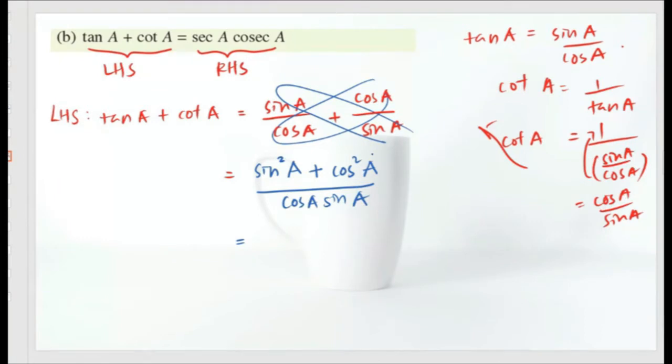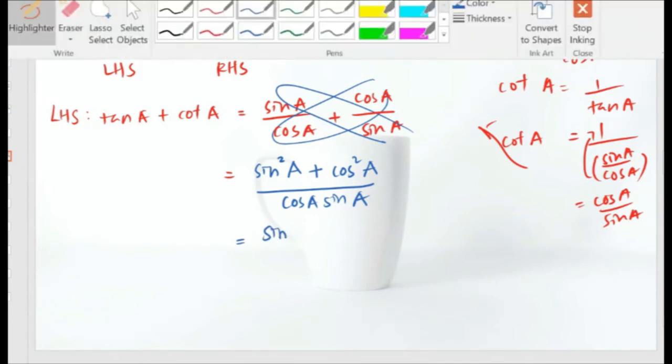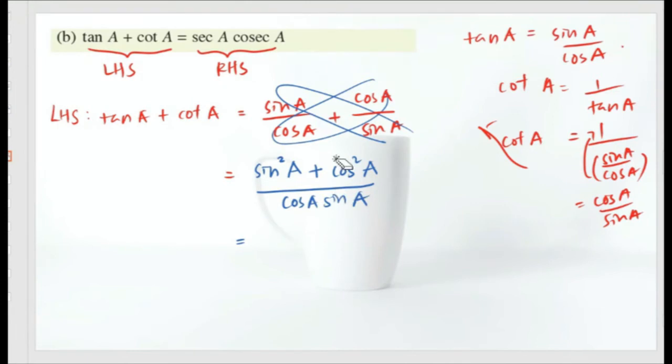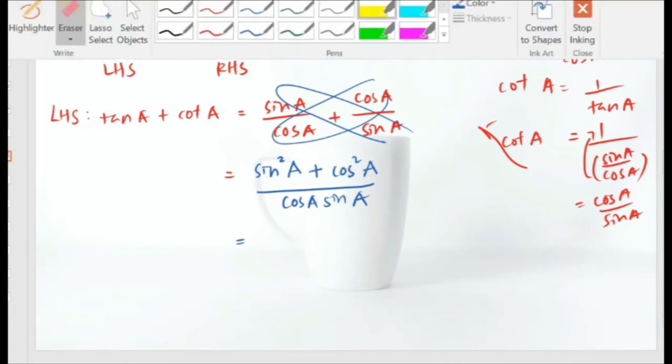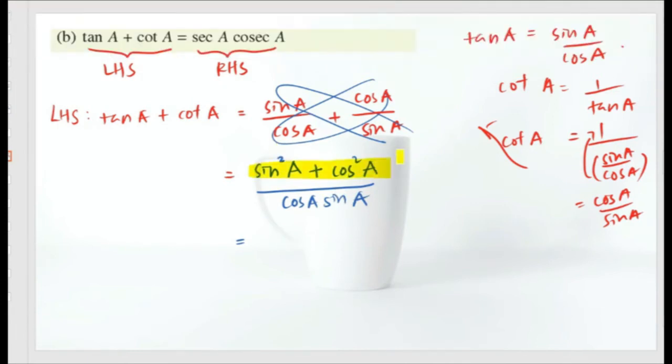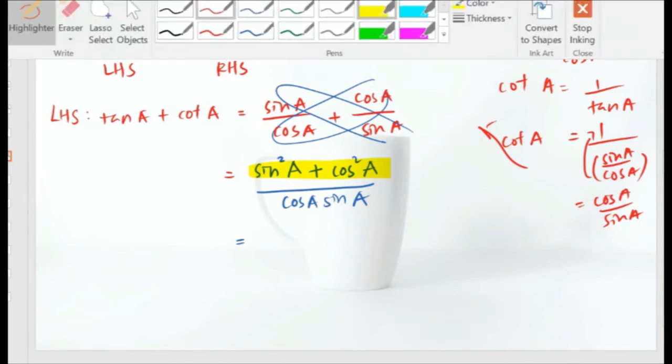So now we come to this step. Then what we need to do is take out the identity. What is the value of sine square A plus cos square A? This value is equal to 1. First identity, sine square plus cos square equals 1. So you get your value.